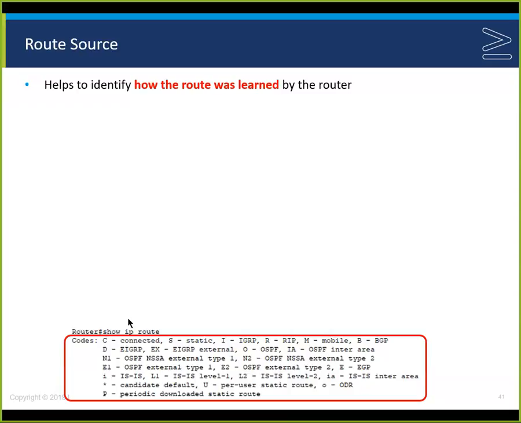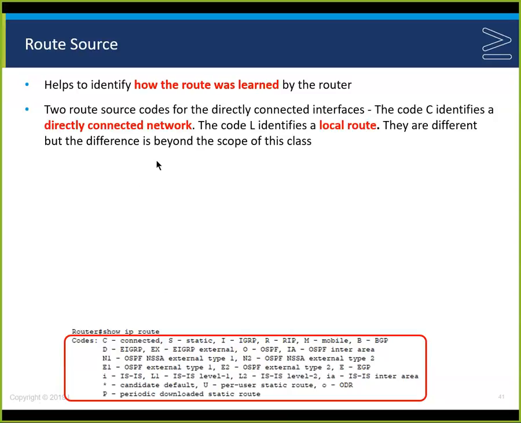What we're concerned with in CCNA are the interior routing protocols, inside the enterprise, not outside the enterprise. BGP is going to be used on the internet to manage those. I have two route source codes for the directly connected interfaces. The C code identifies the directly connected network, and the L code identifies the local network.